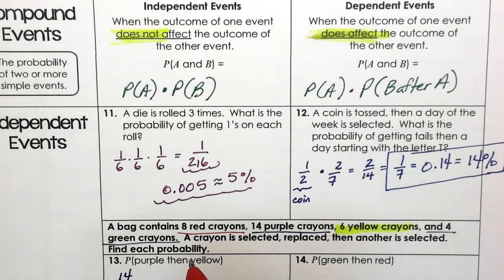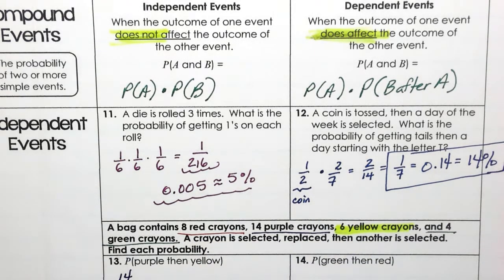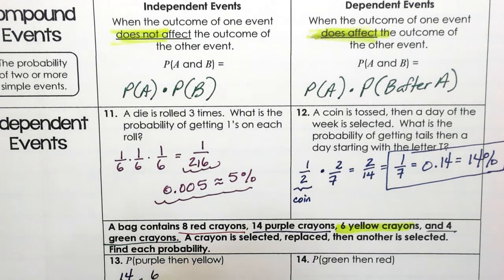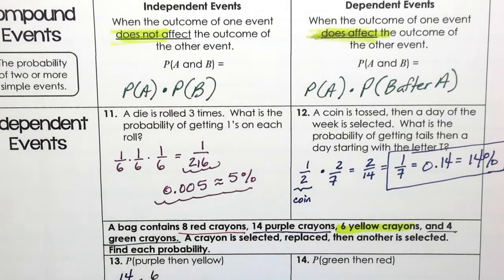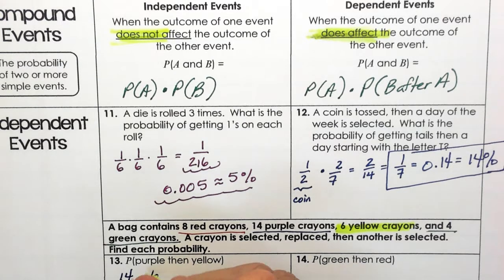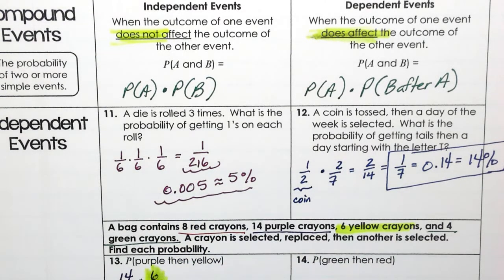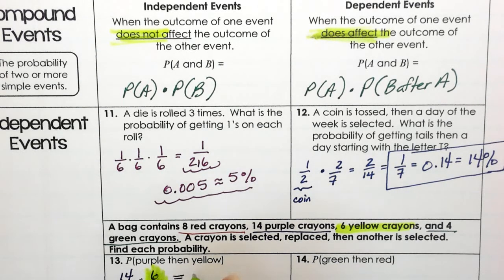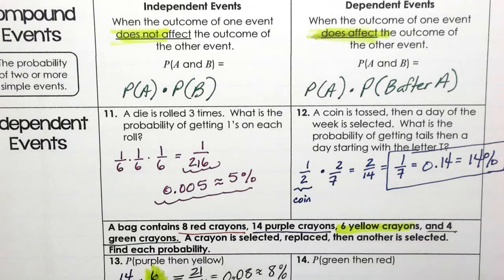And the next color they said was yellow, which is a 6. Multiply times 6 out of 32. Just multiply your numerators together and multiply your denominators together. You get 21 out of 256, which reduces to 0.08, which then becomes an 8% chance when you multiply by 100.